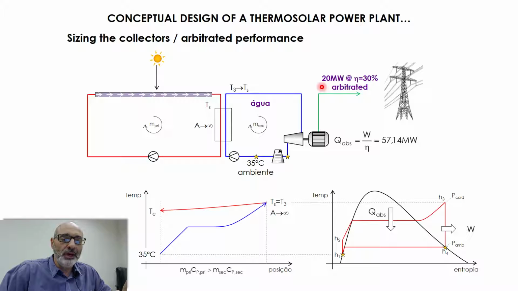Well, so I justified already why the surplus power is fixed and why the efficiency is fixed. If I know the surplus power and the efficiency, I can calculate the amount of heat absorbed, Q absorbed, because this is the definition of efficiency.